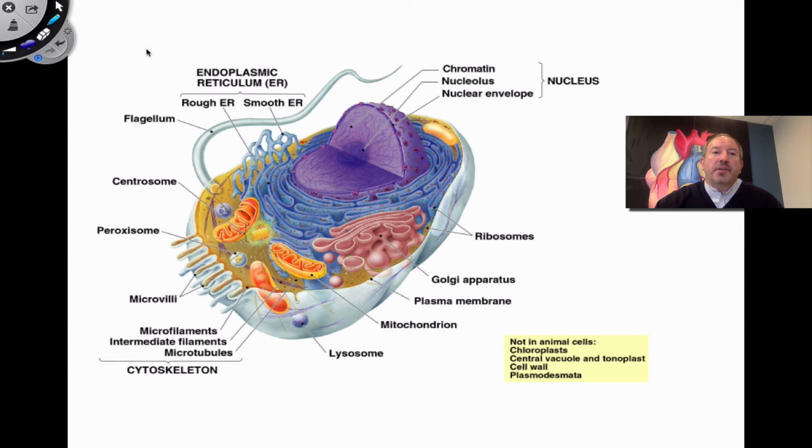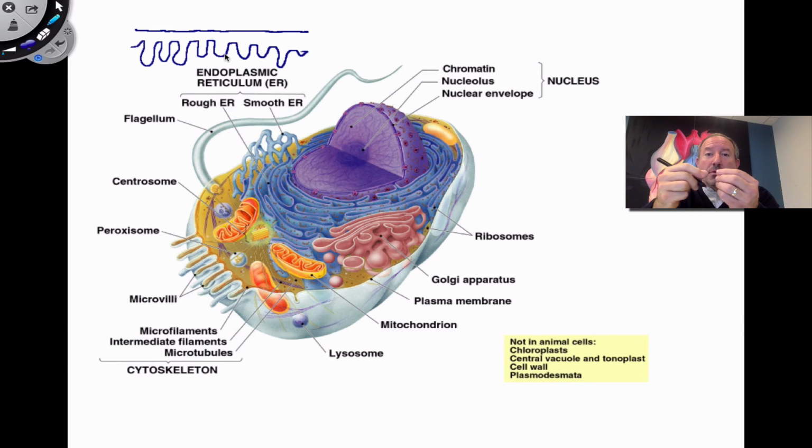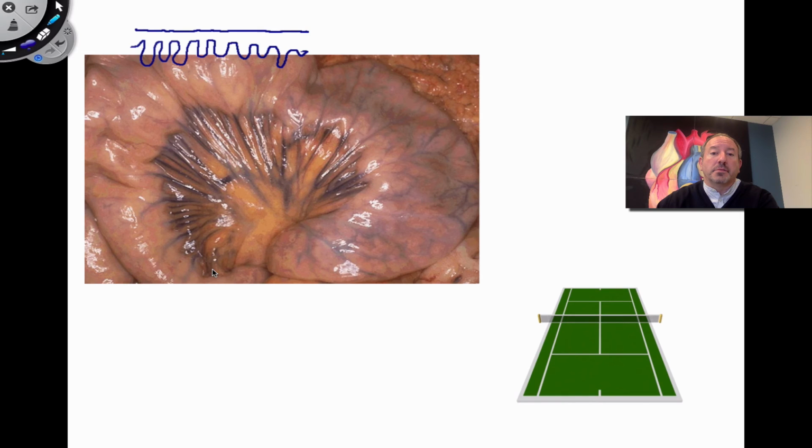So, for example, if you had a string like this at this length, and if I had another string and I folded it like this, in other words, I made it really convoluted, and then I was able to pull that string apart and tease it out, it would be even longer still, so there'd be more surface area. And so cells have extensions of their plasma membrane that further increase surface area if the cell is specialized in order to receive or disseminate, in other words, secrete or absorb material.